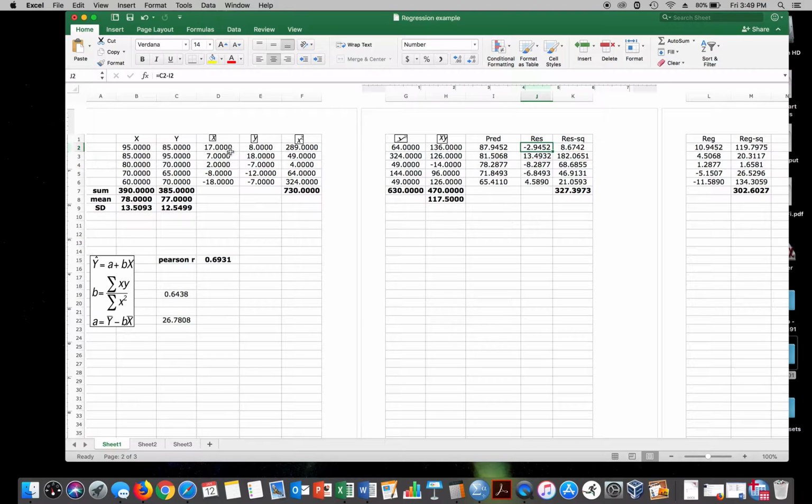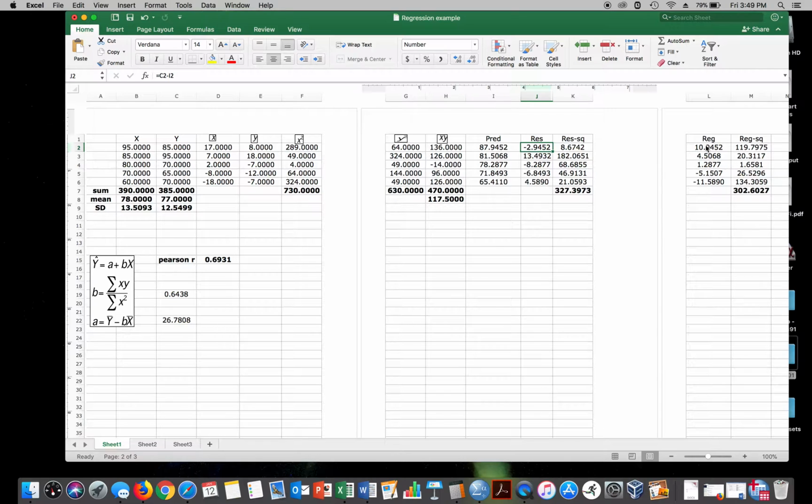It's what we call error. What we predicted and what we actually got were different, and so we're going to have error with each prediction. And we can square those error terms and add them together and get the sum of squared error term.